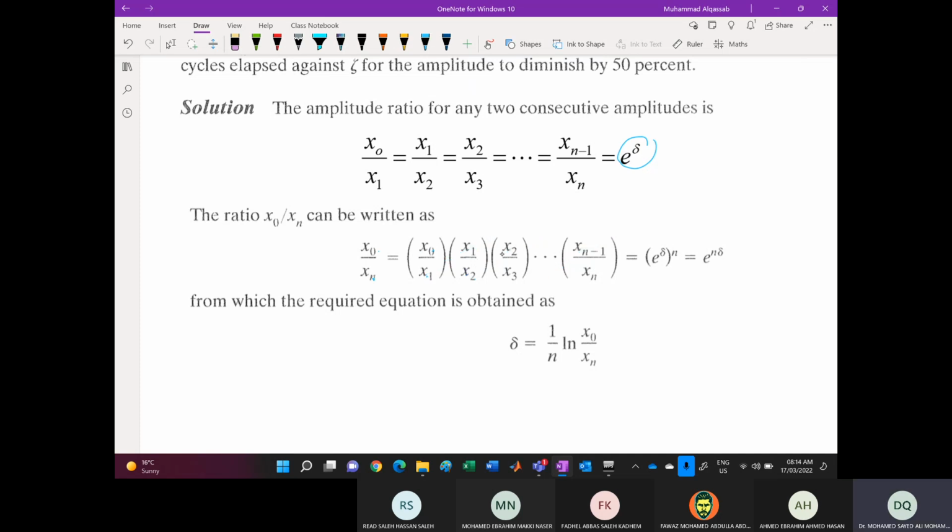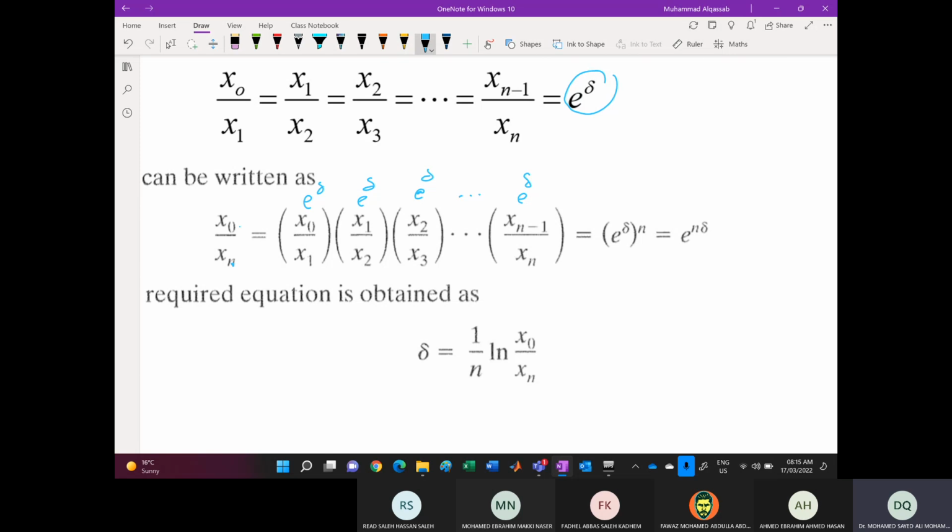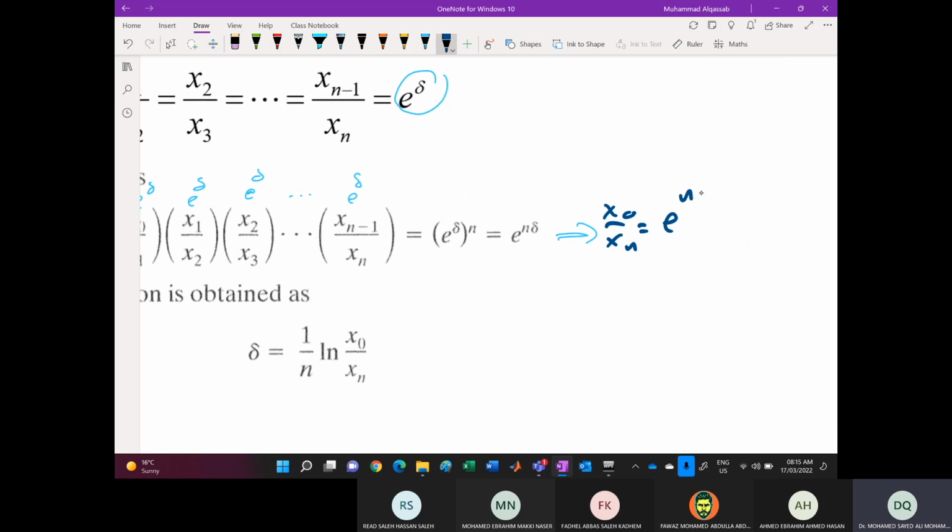This is the chain rule, right? And each term is e to power delta, so this is e to power delta multiplied by itself n times. So it is e to power delta to power n, and this becomes e to power n delta. So x0 over xn equals e to power n delta.